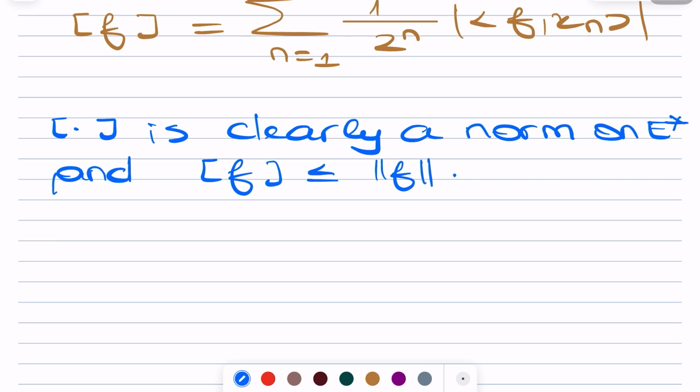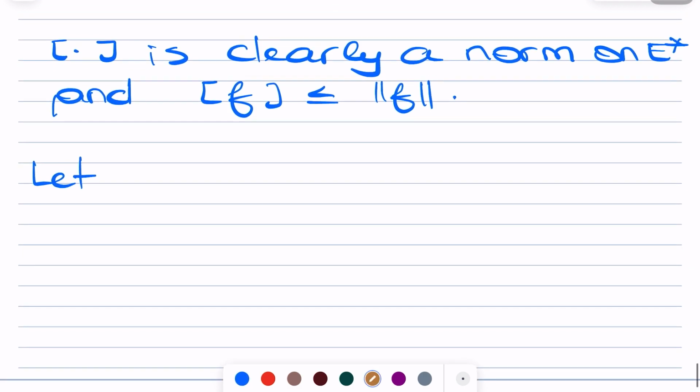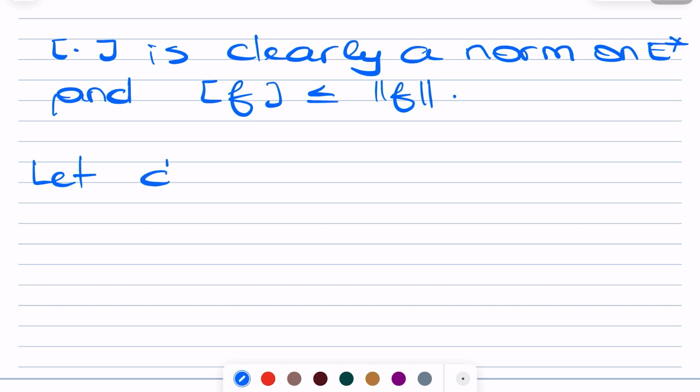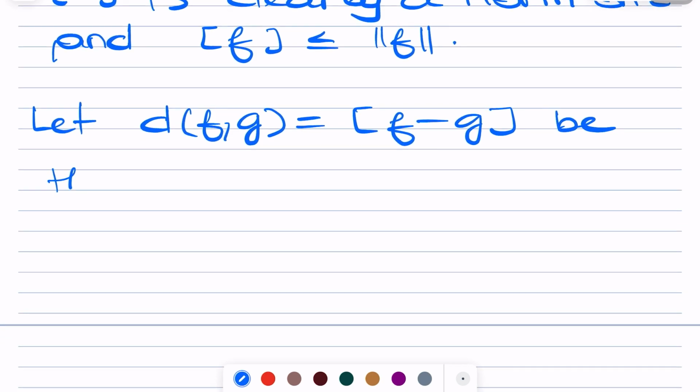Now let d of f, g be defined as the norm of f minus g, so the metric induced by the norm.